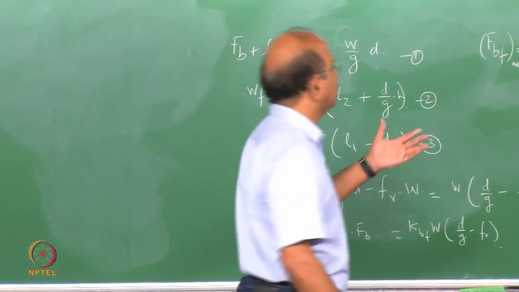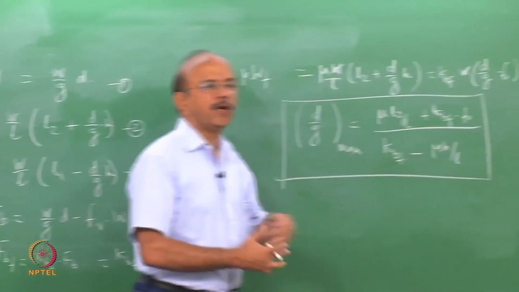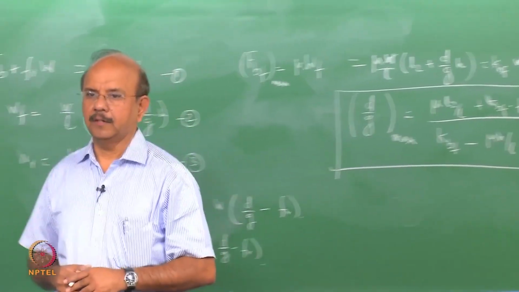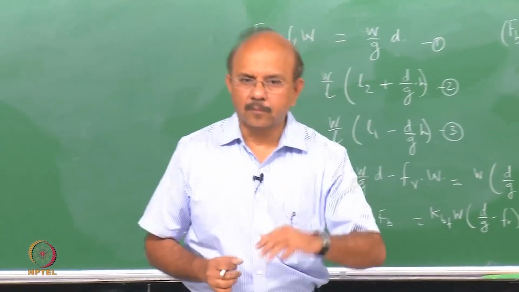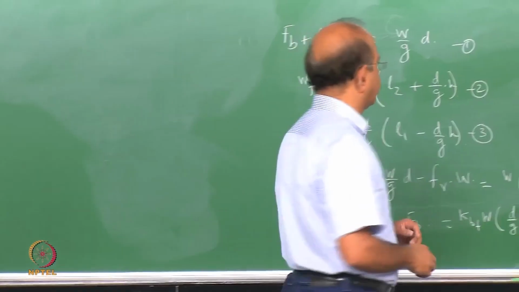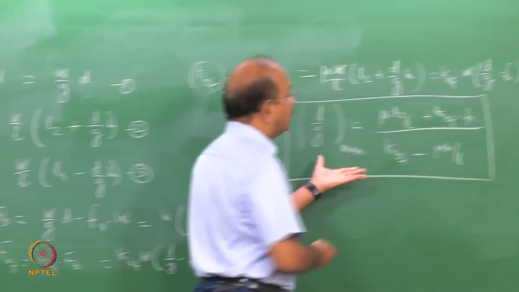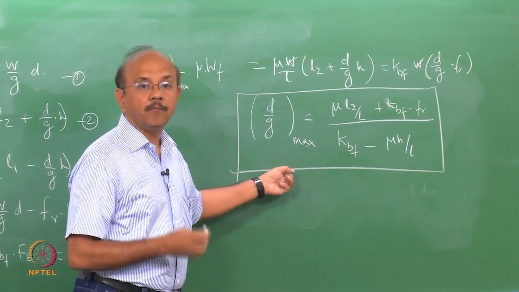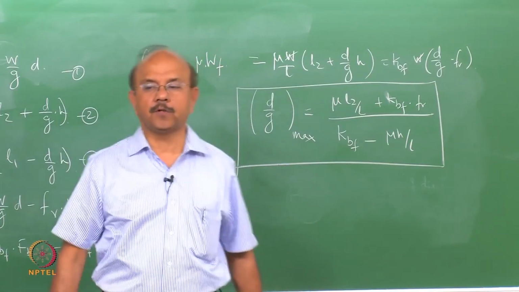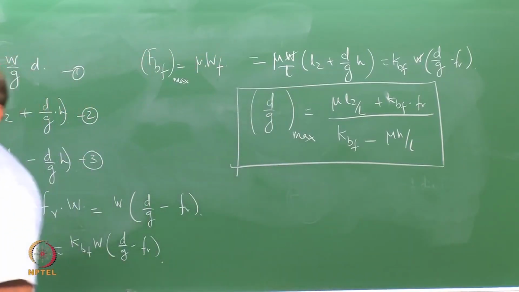They would say that it is 0.3 G, 0.2 G, 1 G and so on. Hence this expression is normalized with G. This is the front wheel lock condition, the maximum deceleration that is possible when the front wheel locks.